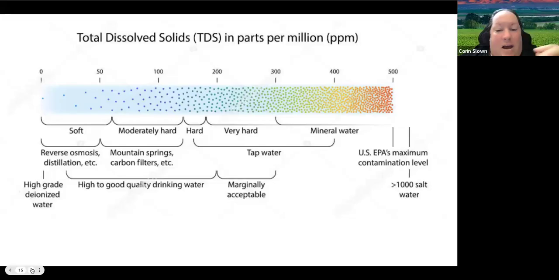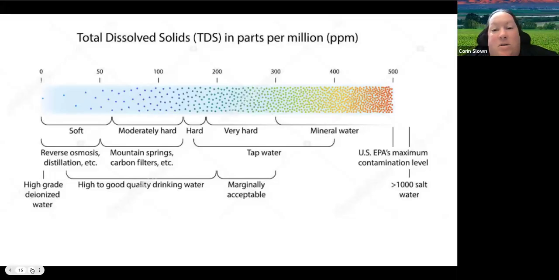If you wanted to purify water, sometimes you'll see folks label it as mountain spring water, and usually that's because the water is filtering through either natural carbon or, in the case of many of the companies that bottle water, a carbon filter that's been applied. And then there are other ways to remove even more of the total dissolved solids, and that's reverse osmosis. So that's using a membrane, essentially, where you separate out the total dissolved solids from the water.